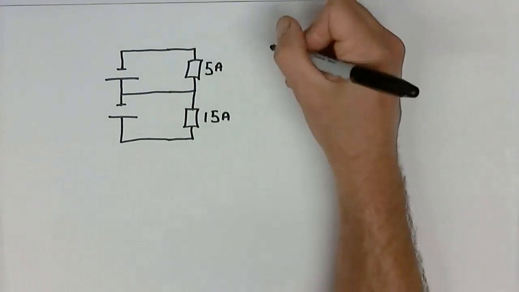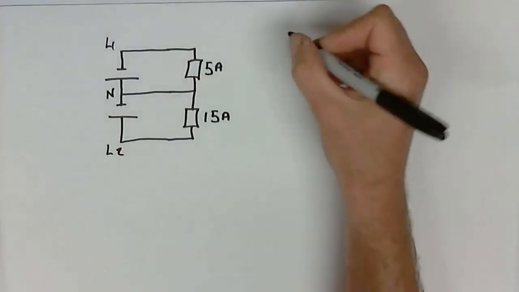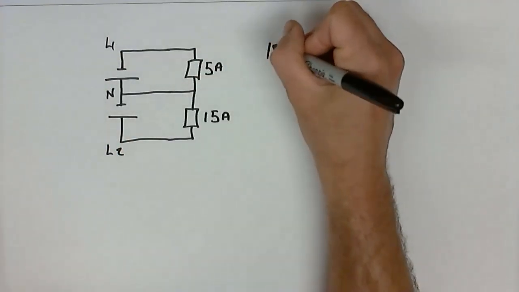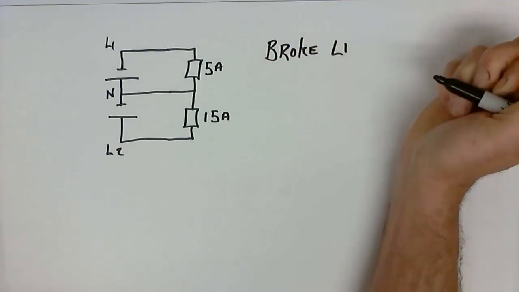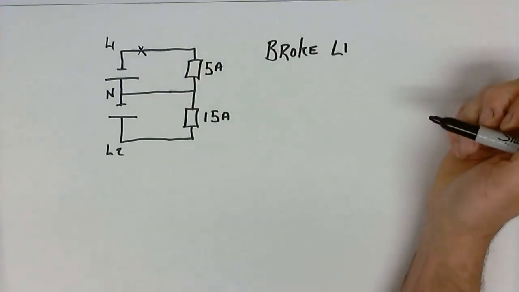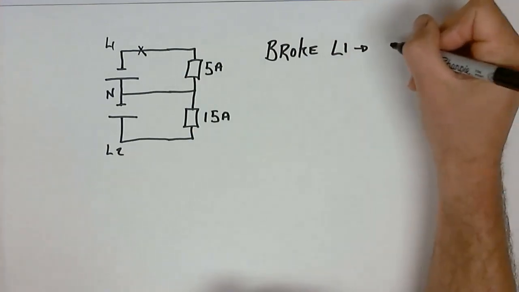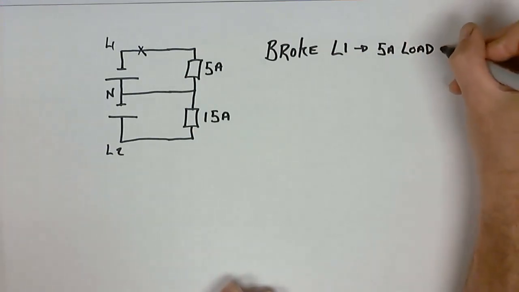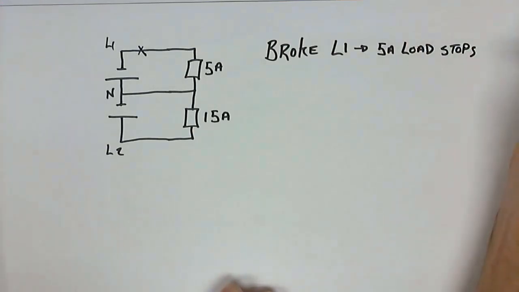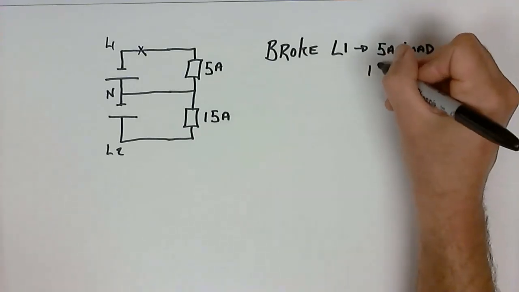Let's say there's L1, there's L2, and there's neutral. So if we broke line 1, what would happen? Well, the 5 amp load would stop working. Not very dangerous. Or de-energize. The 15 amp load would continue to operate, wouldn't it? So the 15 amp load continues.